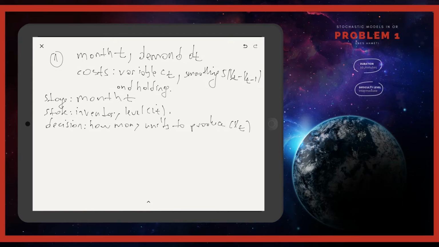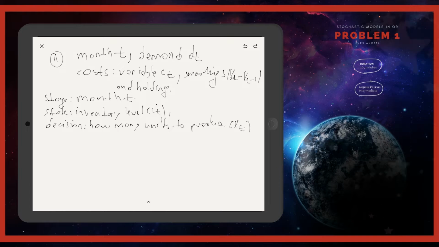But there is another thing that we need to know, and that is the previous month's units, or how many units we have manufactured last month. Why? Because in the smoothing cost, we need to know the previous month.